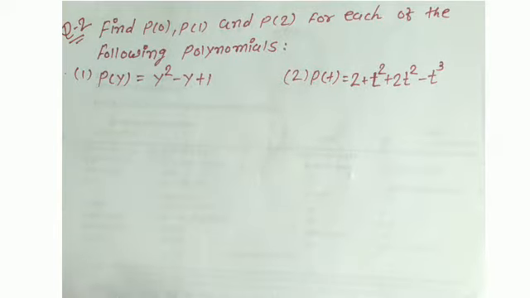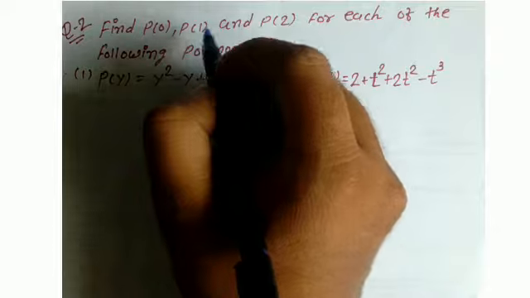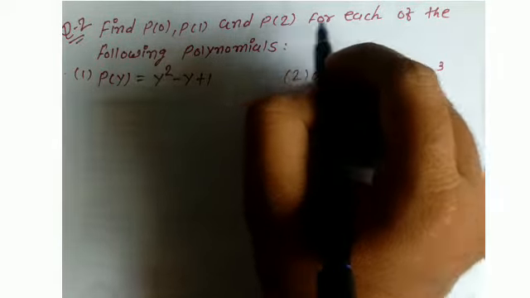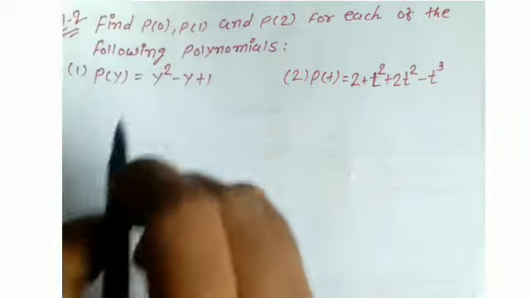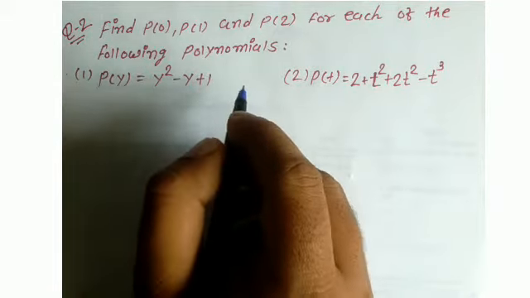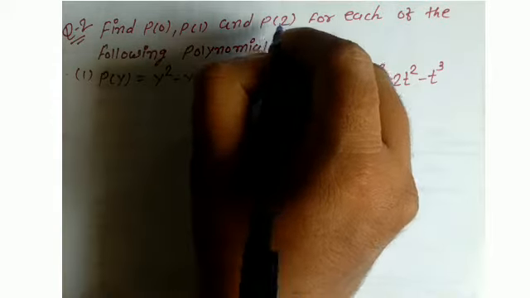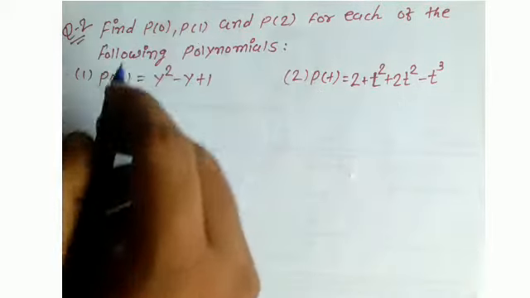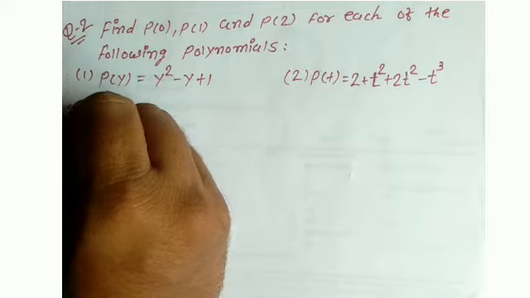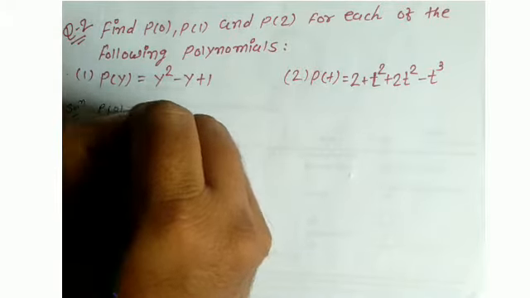Now let us start question number 2. Find out p of 0, p of 1 and p of 2 for each of the following polynomials. Here we have some polynomials and we need to find out p of 0, p of 1 and p of 2, same as question number 1. So solution. p of 0.